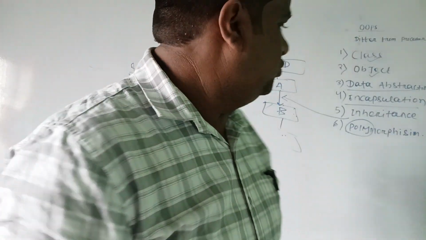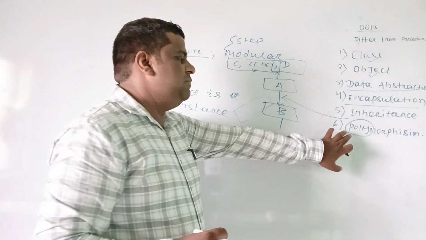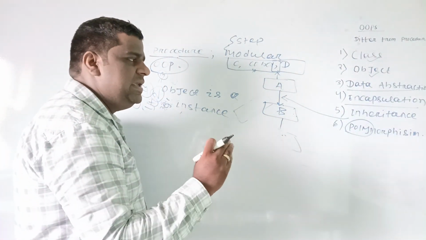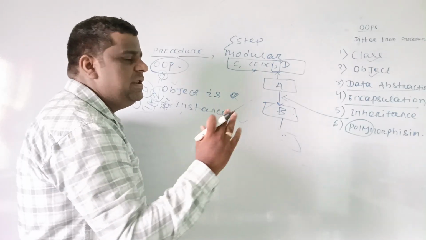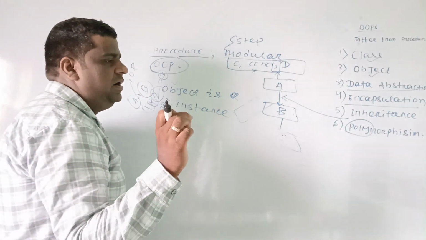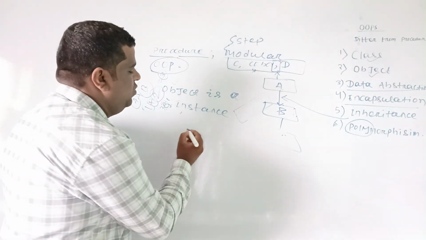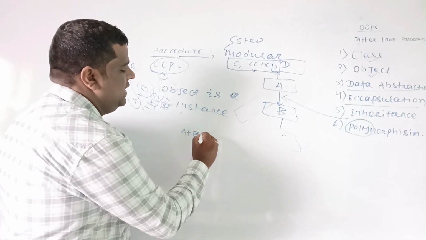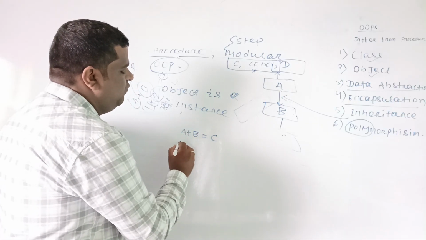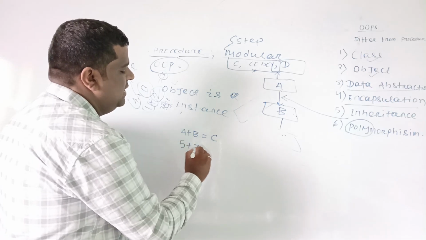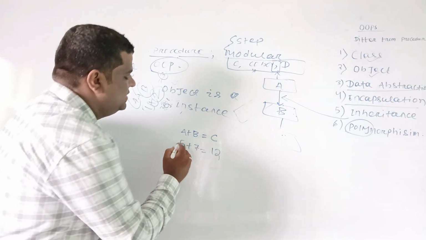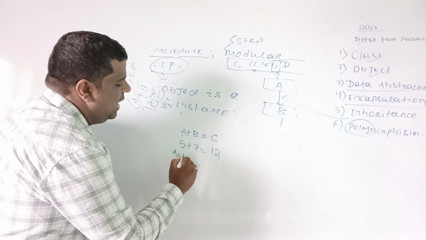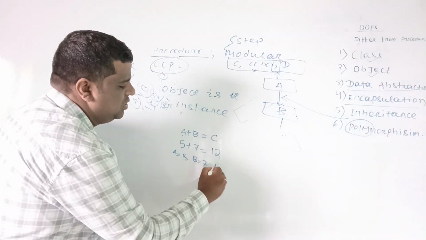So the last one is polymorphism. Poly means many forms. Let me give one example: suppose A plus B is equal to C. Suppose I take 5 plus 7 is equal to 12. If I consider A is equal to 5 and B is equal to 7, then C is equal to 12.